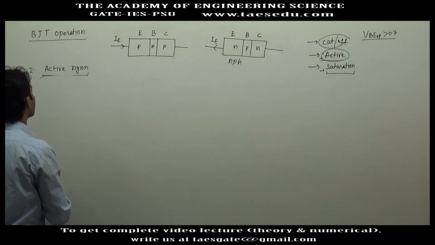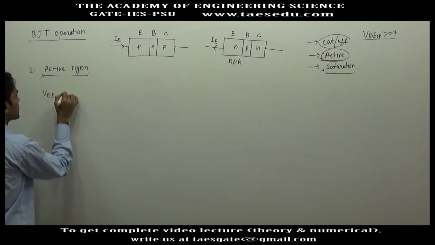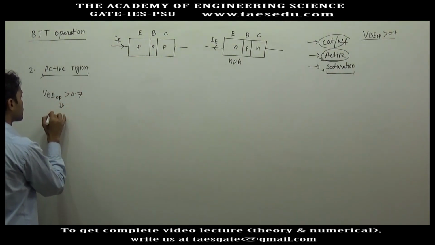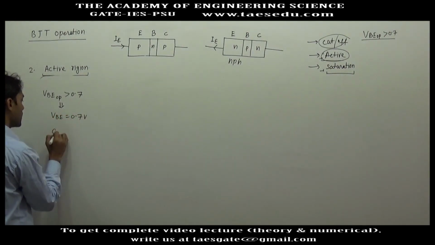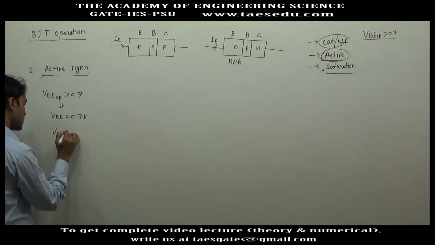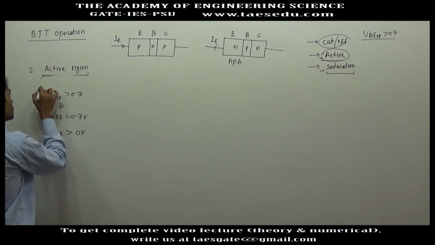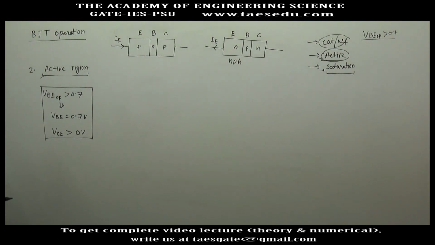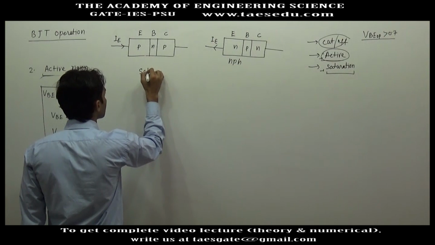So in simple expression, for active region, VBE open circuited must be greater than 0.7 volt. This means VBE will be equal to 0.7 volt, and VCE must be greater than 0 volt. In simple way, this is the condition of active region, and the condition of saturation region.